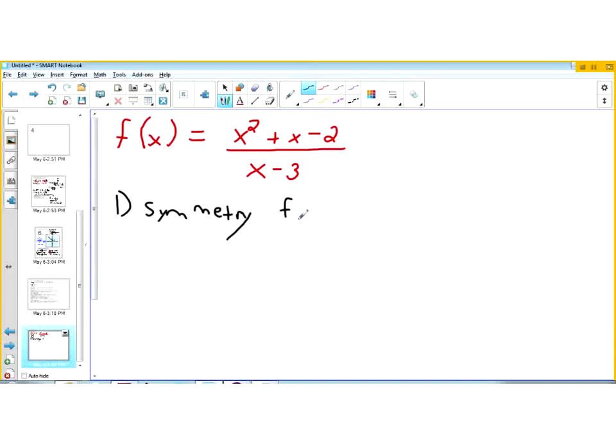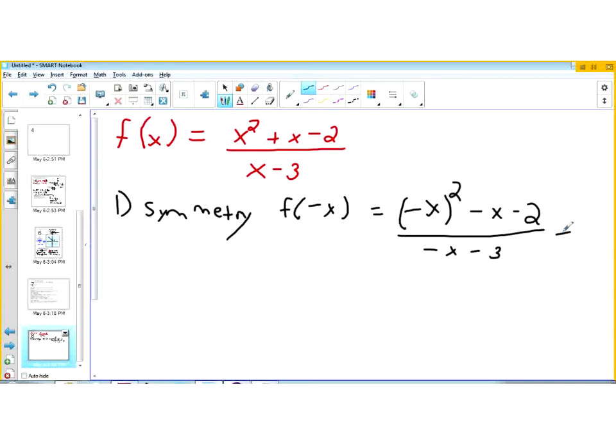All right. So check for even symmetry. What is f of minus x? In our check for even symmetry, that would equal minus x quantity squared minus x minus 2 divided by minus x minus 3. And that clearly does not equal f of x.